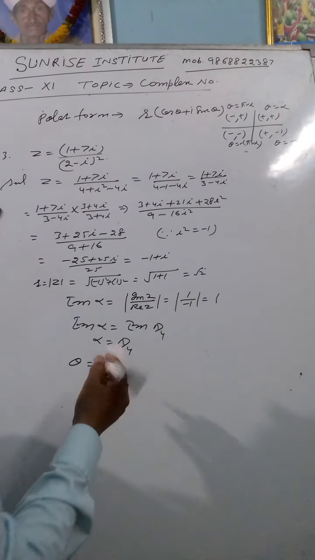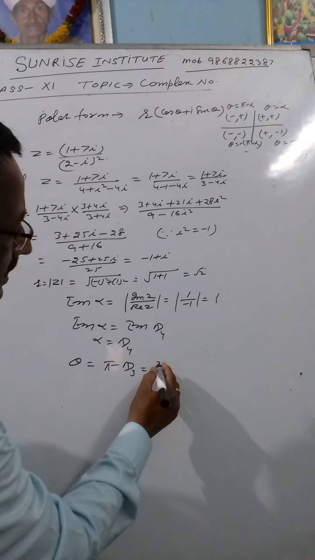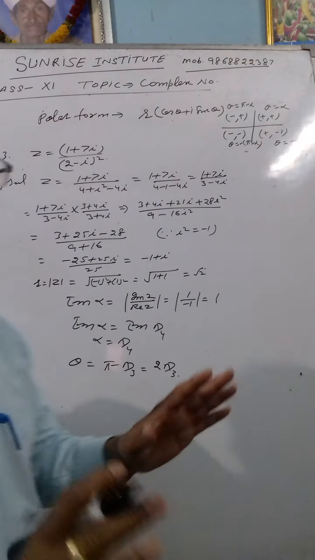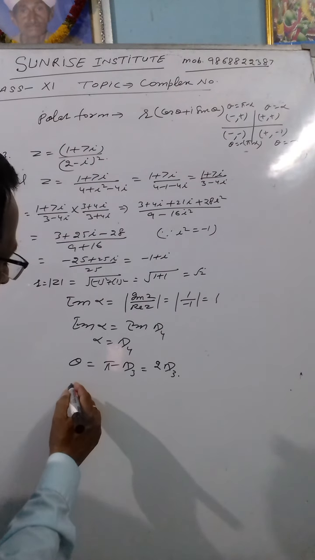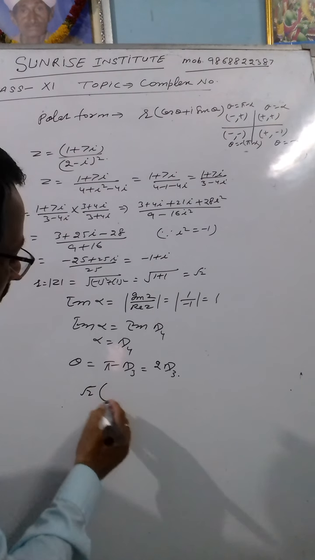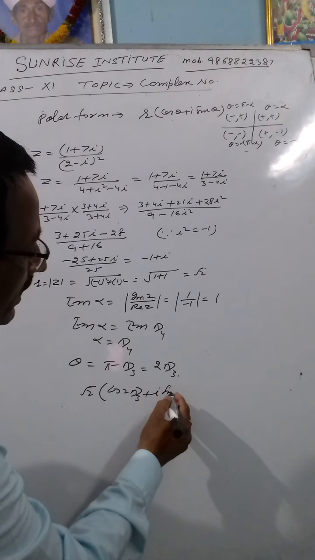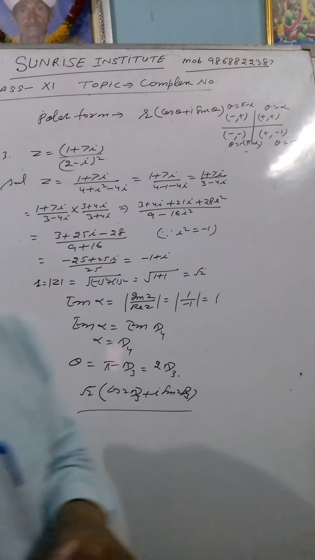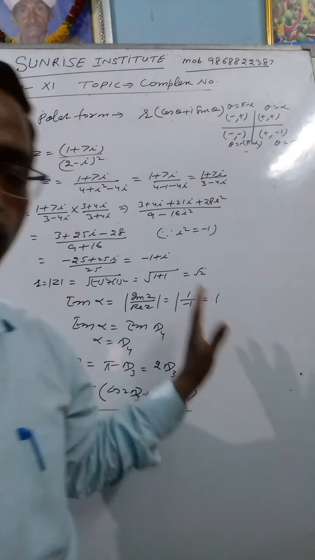Pi minus pi by 4, that is 3 pi by 4. Then the polar form is r(cos theta + i sin theta), with r equal to root 2: root 2 (cos 3pi/4 + i sin 3pi/4). That is your answer. Okay students, that is the polar form. Based on the polar form we have this.